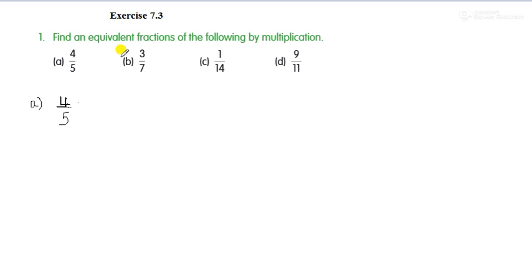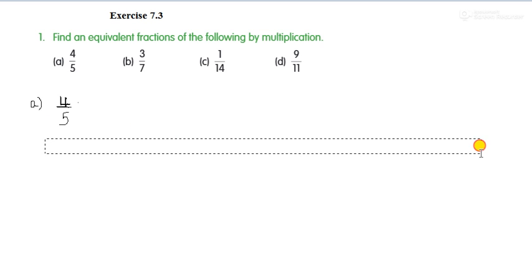Find an equivalent fraction of the following by multiplication. A bit is 4 by 5. So here we have to find the equivalent fraction of 4 by 5. If we multiply the numerator and denominator by 2, we will get an equivalent fraction of 4 by 5.